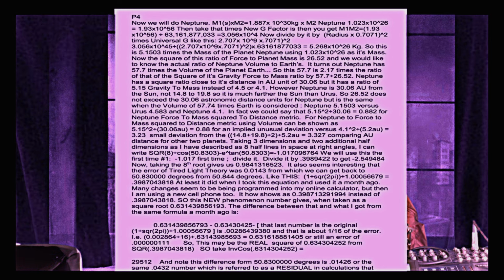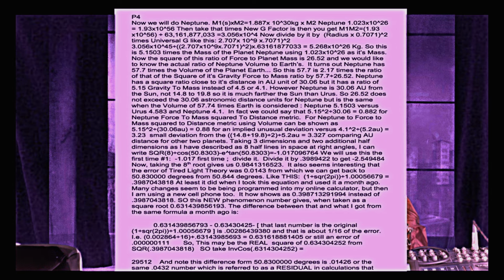It's 1.06 from the 165 years divided by 30 years, and divided by the g-force to mass ratio of 5.15. 165 divided by 30 equals 5.5, then 5.5 divided by 5.15 is 1.06. The astronomical units of Neptune is 30 at 165 years. So 165 years divided by 30 astronomical units, actually.